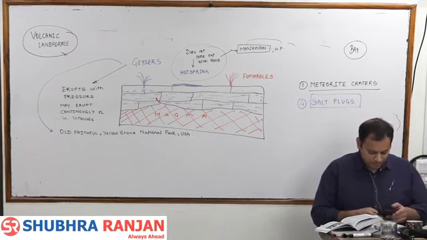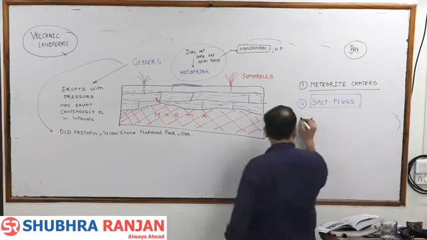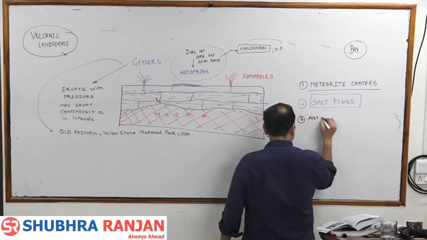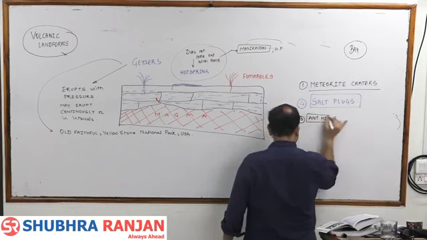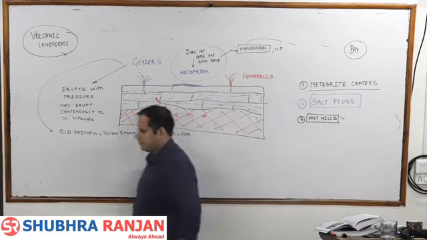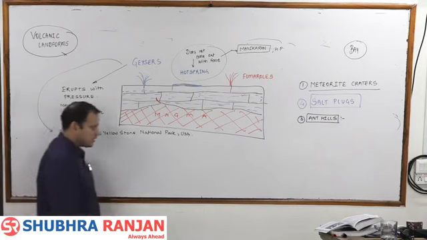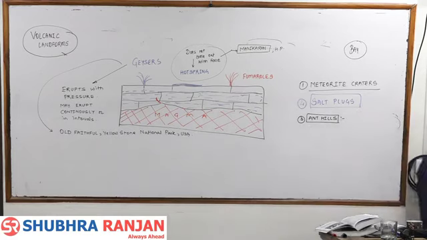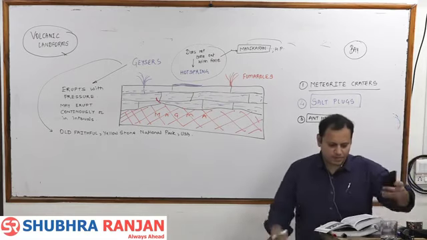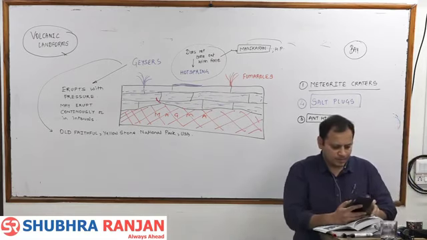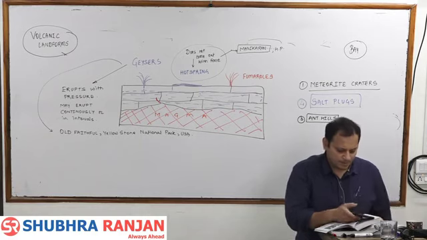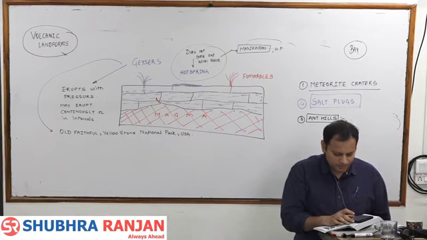Third point, ant hills which are formed by the ants are similar to ash and cinder cones.